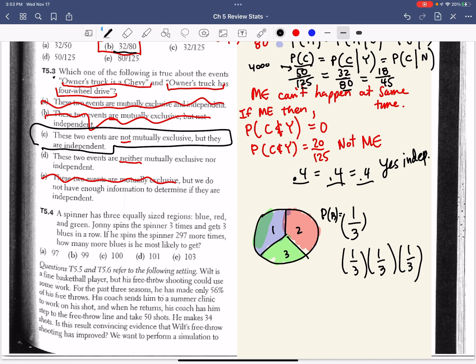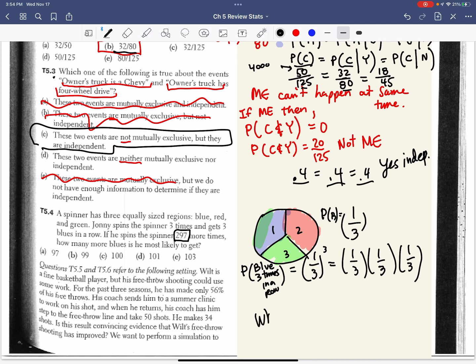If he spins the spinner 297 more times. So let's clean this up a bit if we're going to get to really big numbers. So this would be the probability of blue 3 times in a row. Now it says if he spins the spinner 297 more times, how many more blues is he most likely to get?